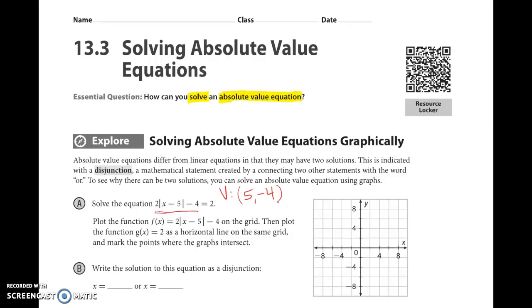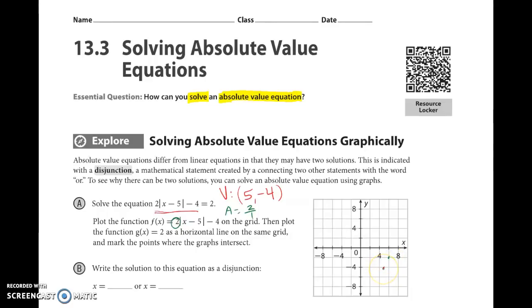And so I'm going to plot that, (5, -4). And then this number here, this 2, is my amplitude. And that tells me that I can go up 2 and over 1.